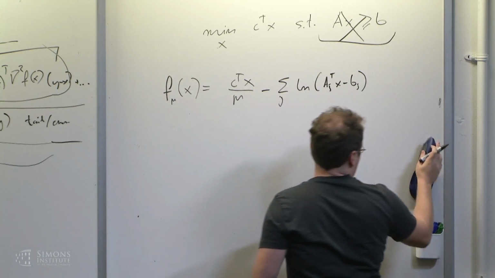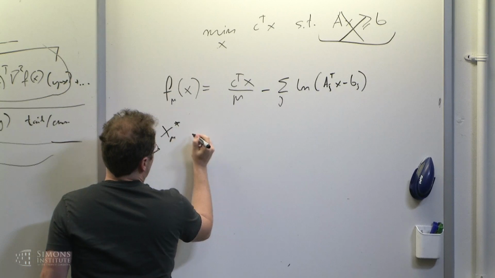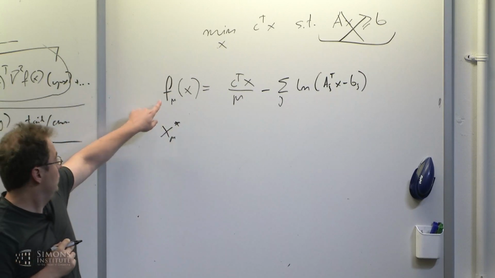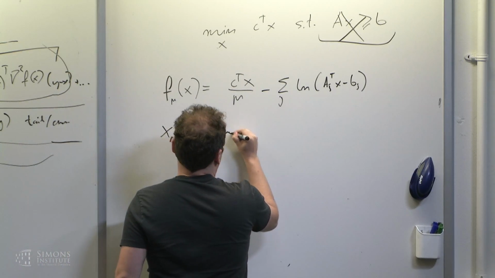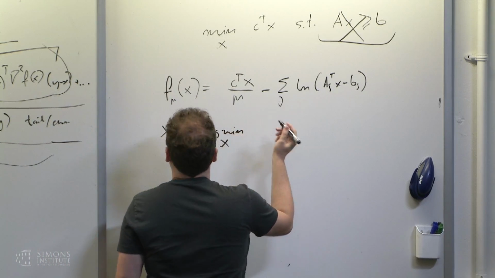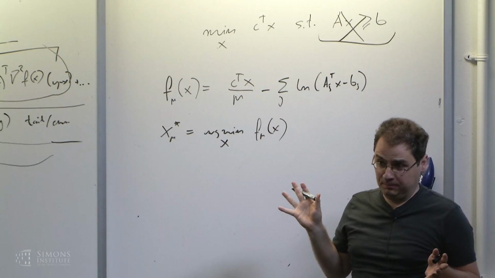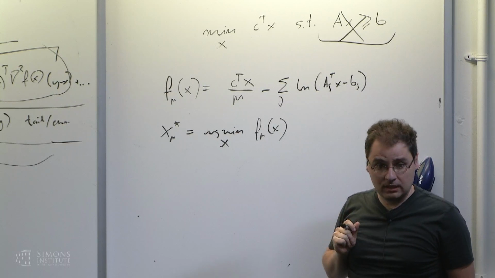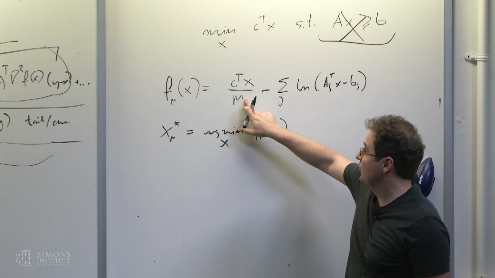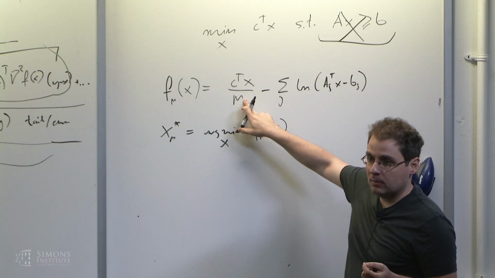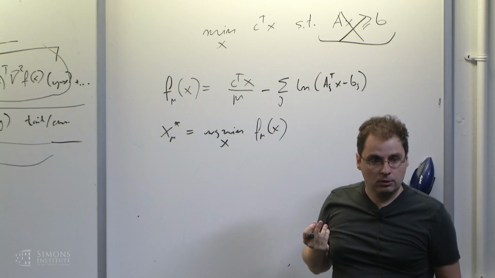Let me define x mu star as the optimum solution to this function f mu. This is just argmin over x of f mu of x. This is an unconstrained minimization problem. Of course, it will depend on mu, because this factor mu trades off the cost function we would like to optimize versus the barrier that makes sure we are not getting any infeasible point.